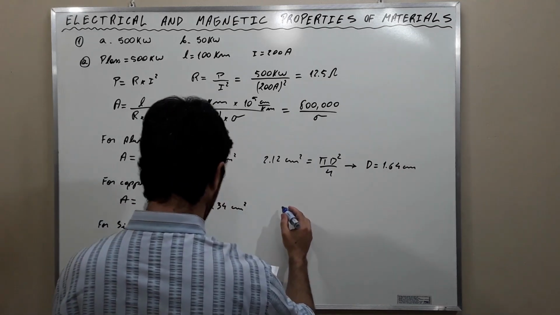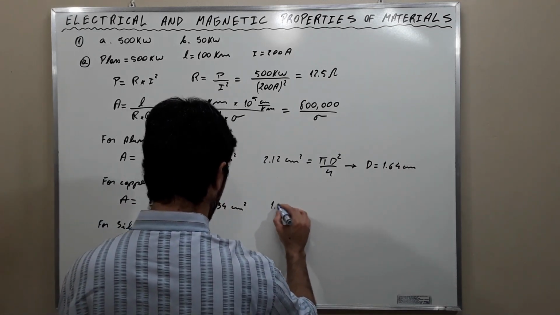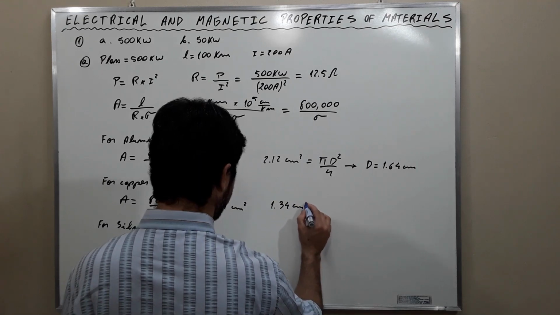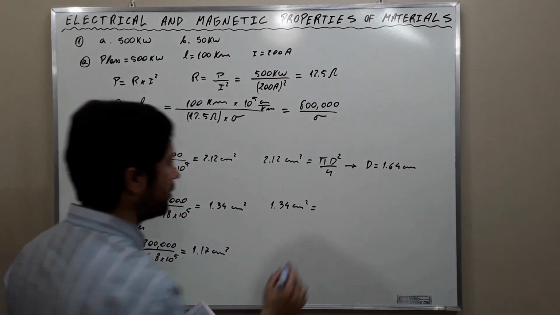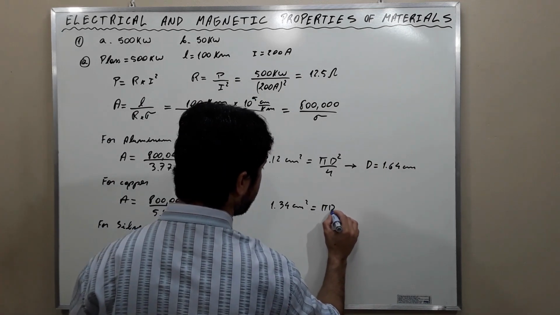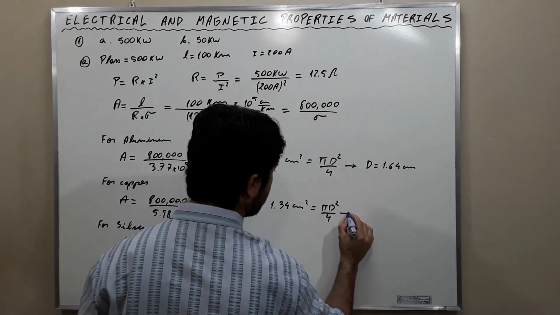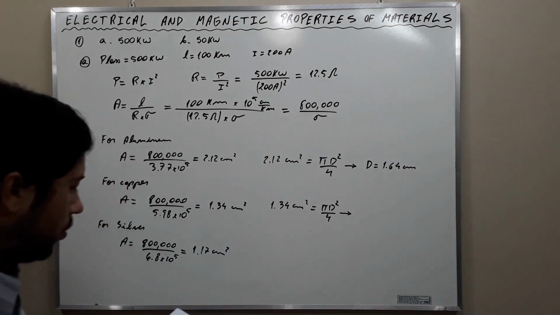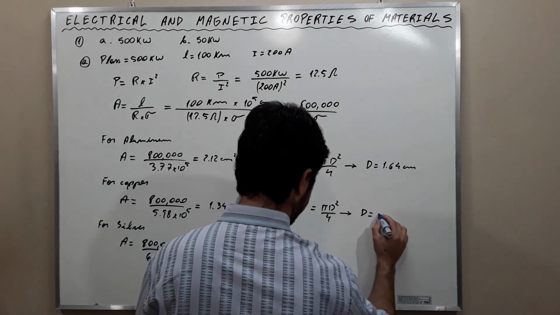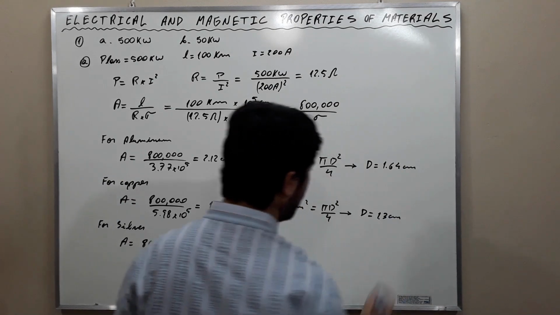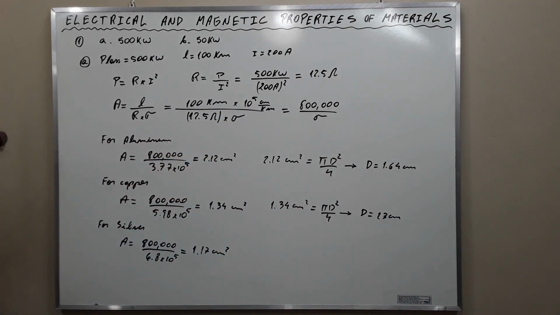For copper, it is going to be 1.34 square centimeters equal to pi d squared over 4, which gives a value of 1.3 centimeters.